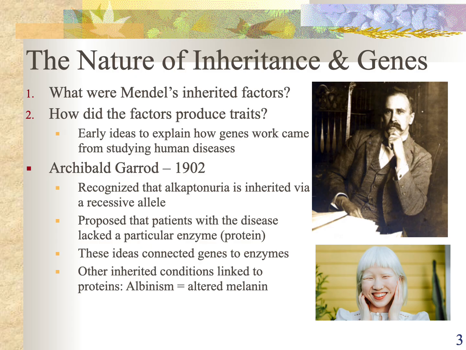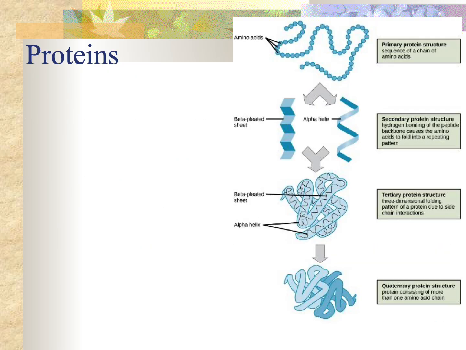And so through Garrod's work, it became pretty clear that the traits that were missing were proteins, and somehow the inherited factors affected the production of proteins. And this really made sense because proteins were involved in a whole bunch of different things.